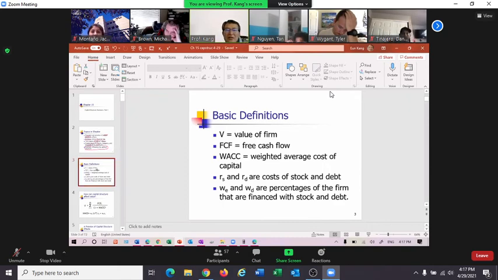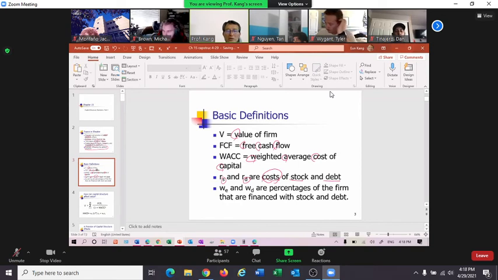So V is value, right? FCF is free cash flow. WACC is weighted average cost of capital. And you know that. And R sub S, S stands for stock, D stands for debt. That is cost. Usually R is return, but as I said, from the investors' point of view, those are returns, but from financial managers' point of view, those are costs, because you have to provide them the return they require to get their money, right?